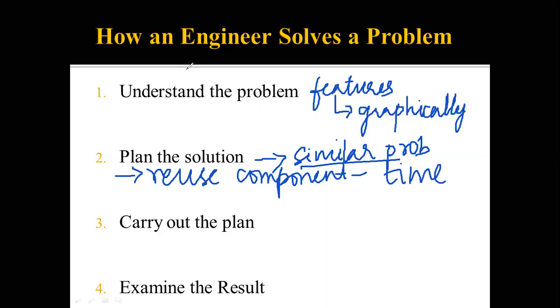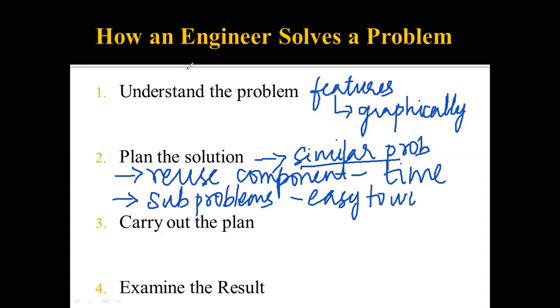Then the next thing is that when you know a particular component can be reused, you're also going to identify whether the problem can be divided into sub problems. When it is divided into sub problems, it becomes easy to work, so that you can easily work on the software. That is why you're going to plan the solution.